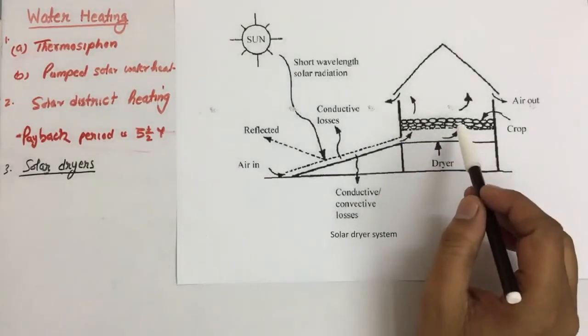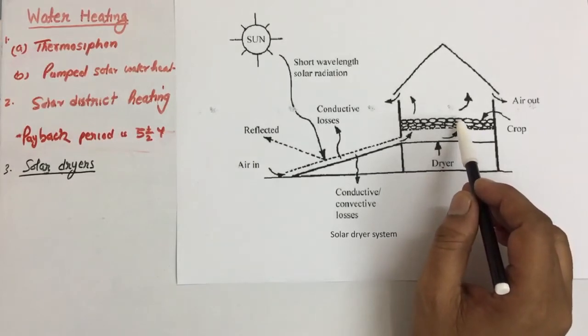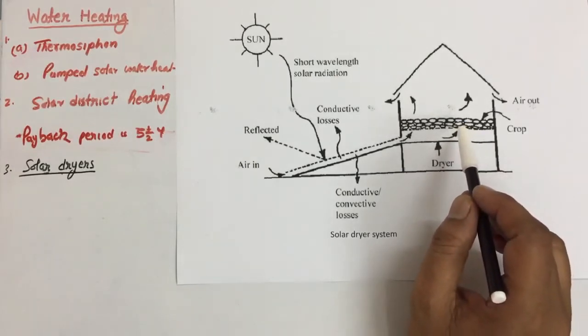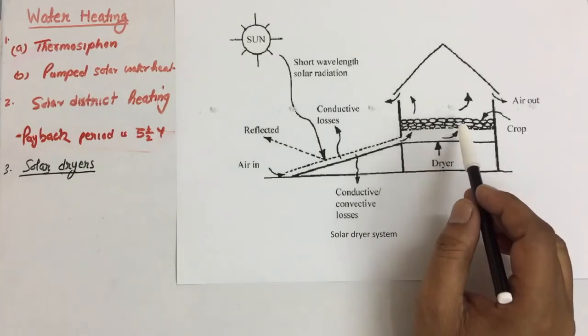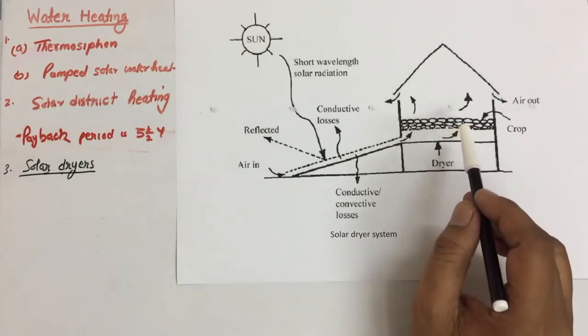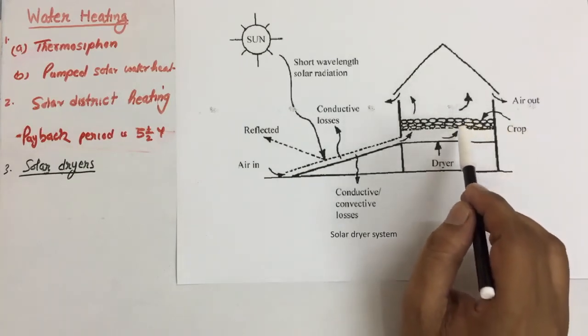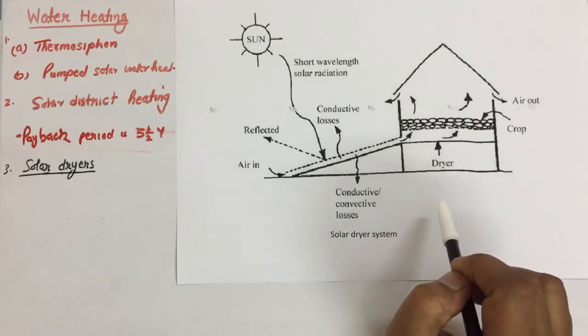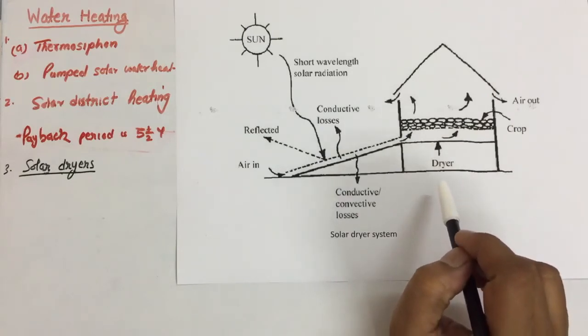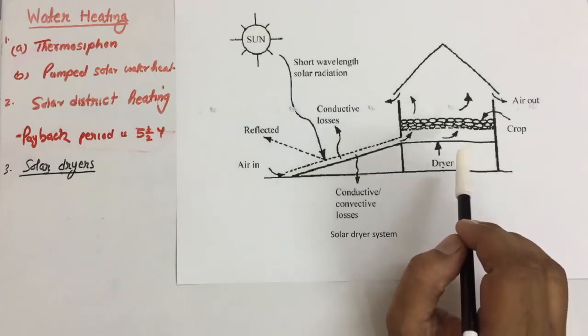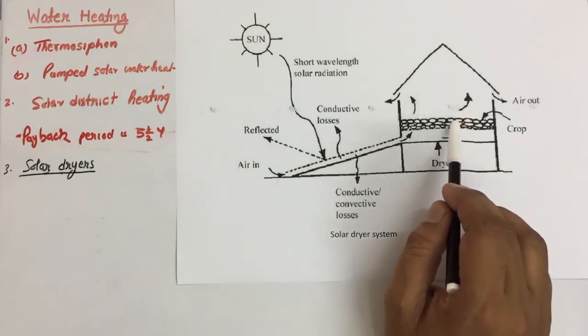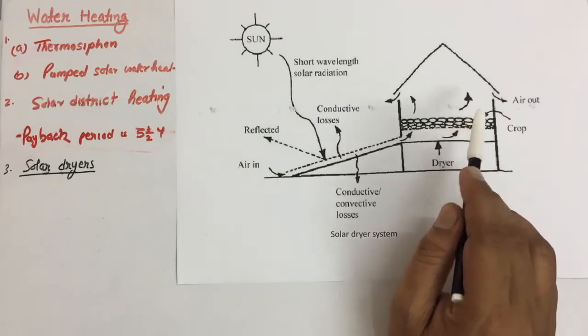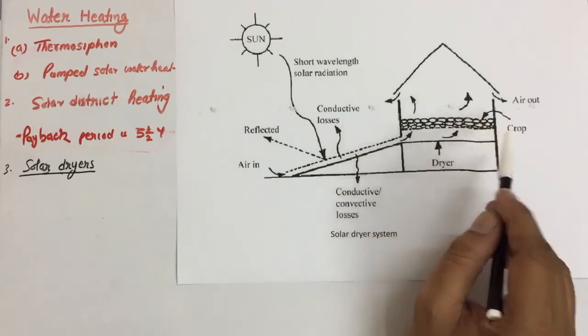This way we are able to dry the material here. It is a very useful device especially for agricultural purposes, because crop drying is required from time to time. Second, in food processing industries for dehydration of fruits, potatoes, onions and other vegetables as well.